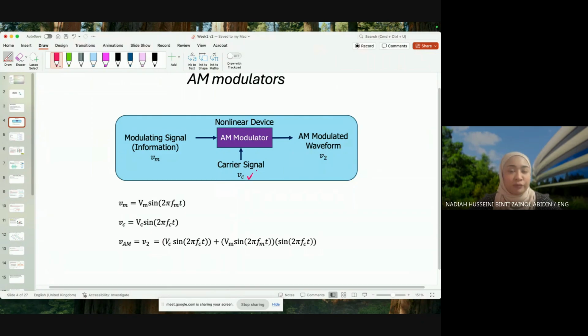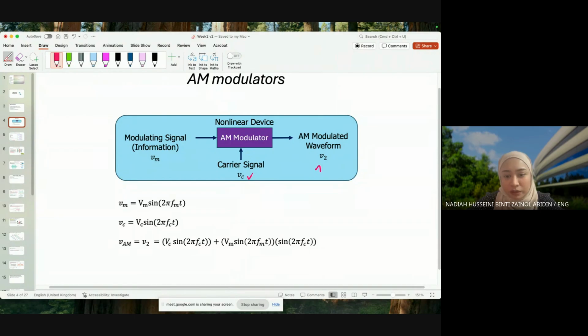The condition for a good AM signal is that the instantaneous carrier signal needs to have a greater frequency and a greater amplitude than the modulating signal. When we feed these into an AM modulator, we get what is called an AM signal.